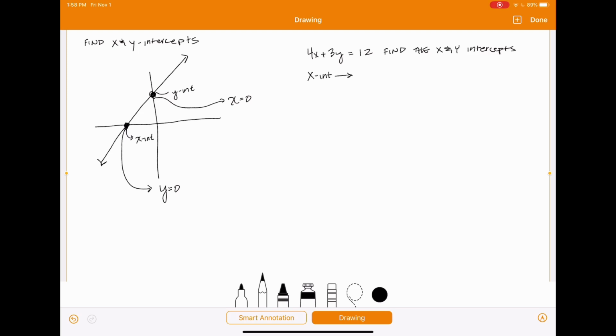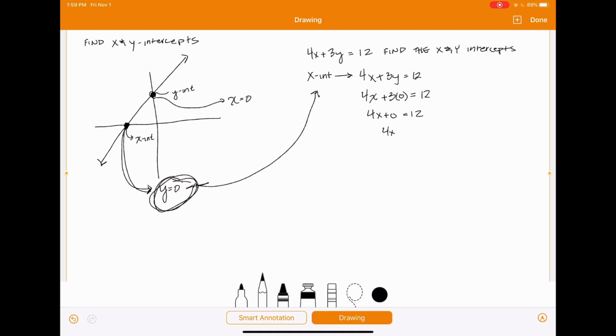And if we come over here, remember at this point y equals 0, so we're going to go ahead and plug 0 in for y in the equation above. So we're going to start with the original equation, 4x plus 3y equals 12. And then we're going to plug in this 0 for y. So 4x plus 3 times 0 equals 12. So 4x plus 0 equals 12. 4x equals 12. Divide both sides by 4. X equals 3. And that's your x-intercept.